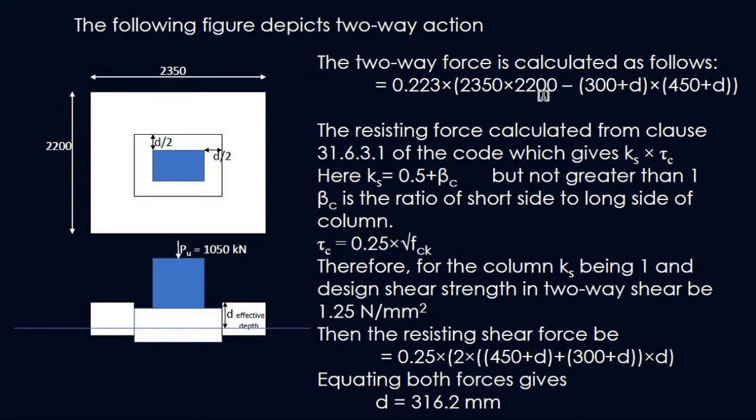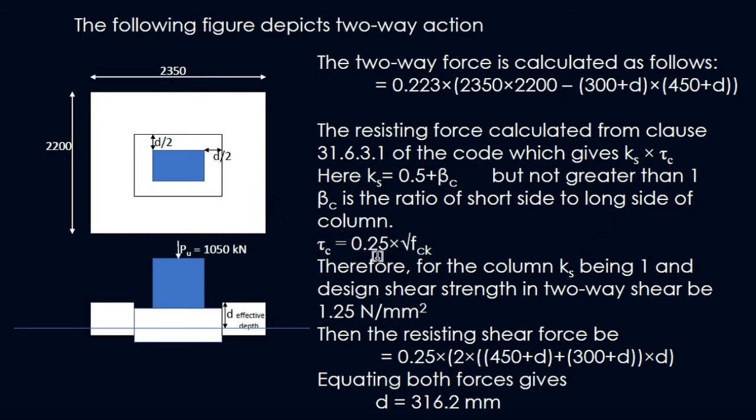So the two-way shear is calculated like this: 0.223 into 2350 into 2200 minus 300 plus d into 450 plus d. So the resisting force is calculated from clause 31.6.3.1 of the code, which gives Ks into tau c. Here Ks is equal to 0.5 plus beta c, but not greater than 1. Beta c is the ratio of short side to long side of the column.